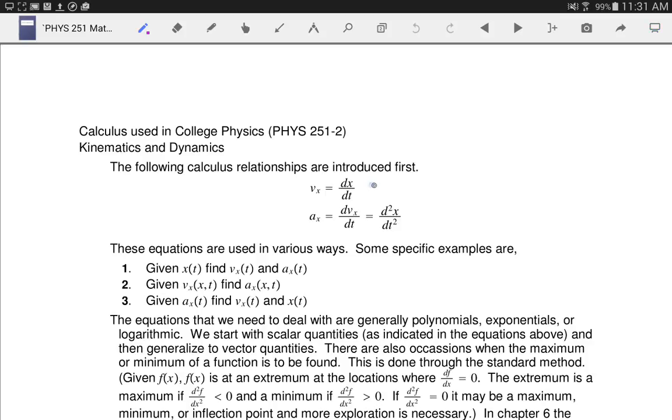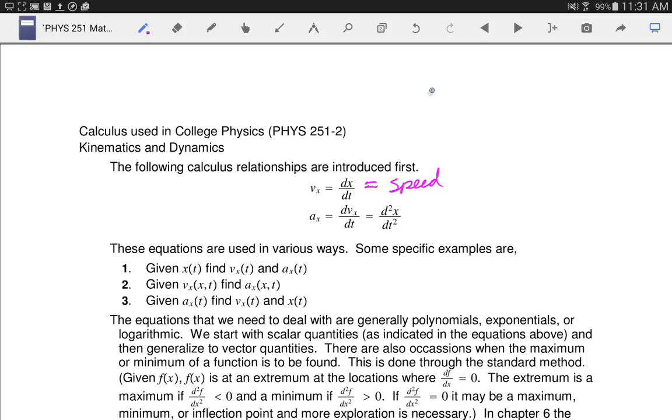And so we define the speed as dx dt. Dx dt means, of course, the change in position with respect to time. Now, just a little nomenclature to help tie what we say in general physics class with what we say in this class.